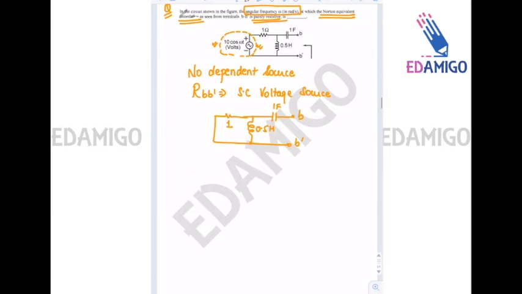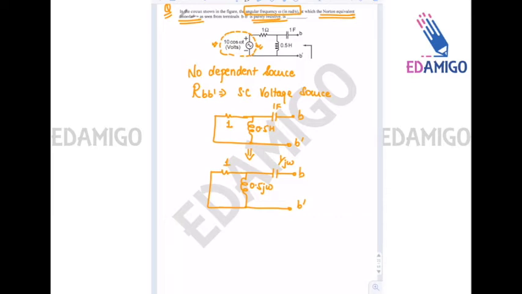Now we convert it into the omega domain, so we will convert it into the impedances, so it is 0.5 j omega and it is 1 upon j omega, B dash, and 1 ohm resistance.